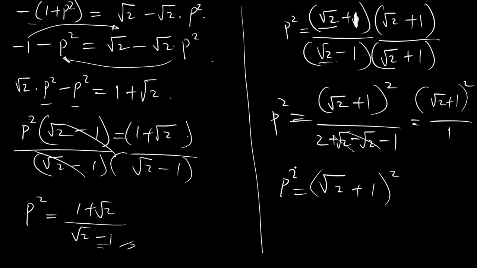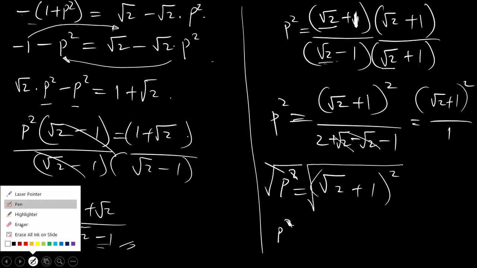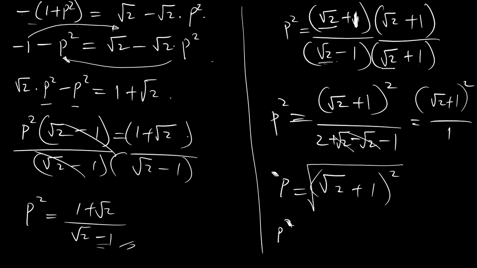So taking the square root of both sides, this will now be 1. So p squared will now be equal to this.